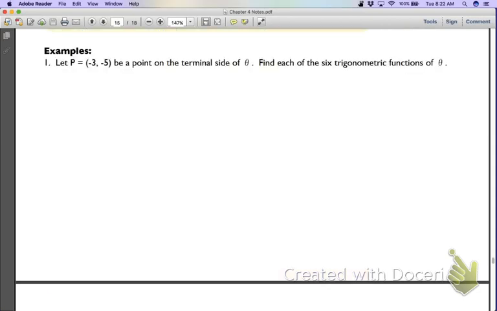So then here it says let P, which is your point, be (-3, -5), on the terminal side of theta. Find each of the 6 trig functions of theta.